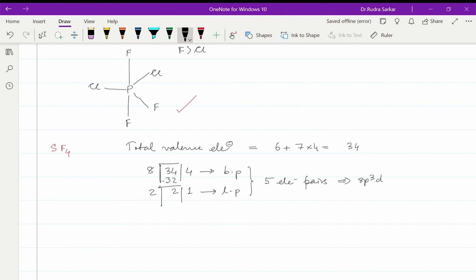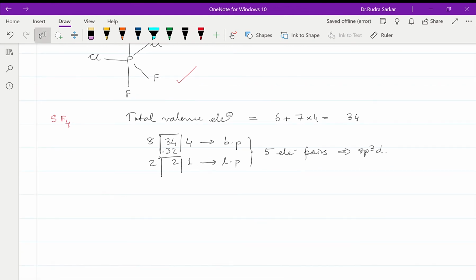So the hybridization again is sp3d. However, since we have lone pairs over here, this is basically an AB4L1 type of molecule, and this is not a regular structure, but an irregular structure. Whenever we say a regular structure, we mean all the electron pairs are bond pairs, and whenever we say irregular structure, we mean some of the electron pairs are lone pairs.